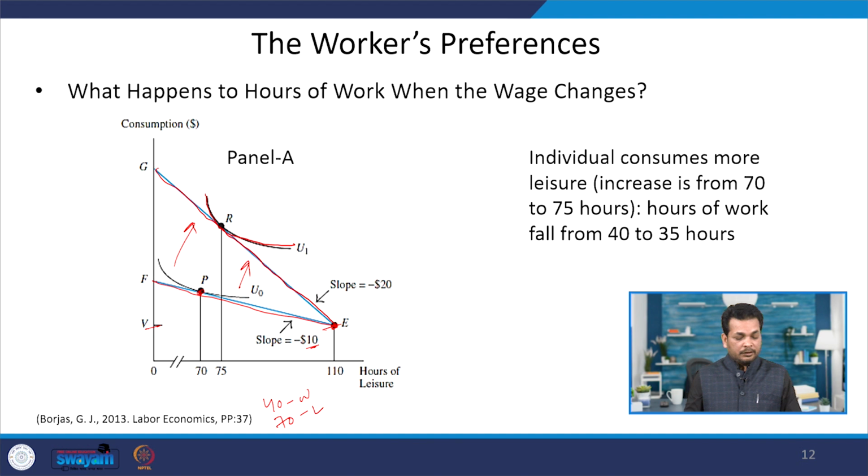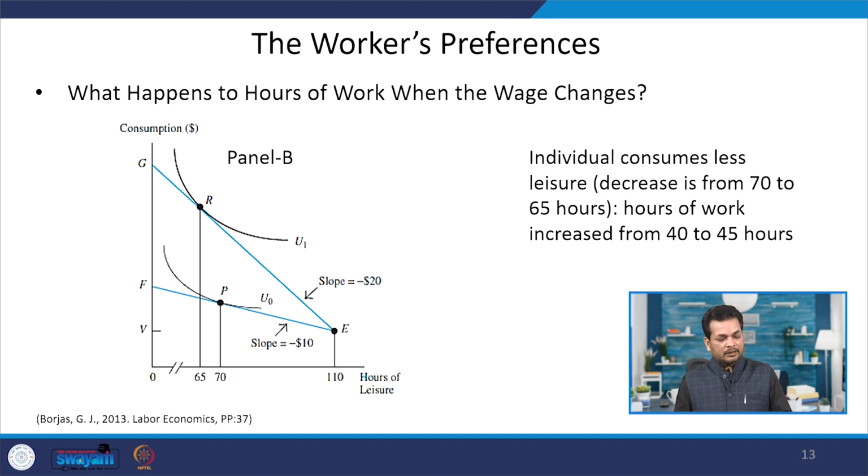Now, if you compare these 2 points, point P and point R, earlier the worker was having the leisure of 70 hours, now the worker is having the leisure of 75 hours, which means it has increased the leisure hours. Let me give you another situation.